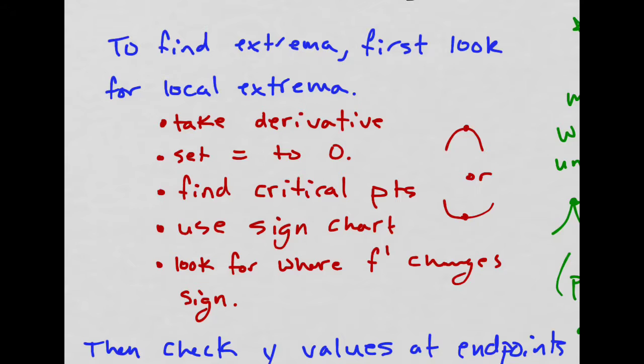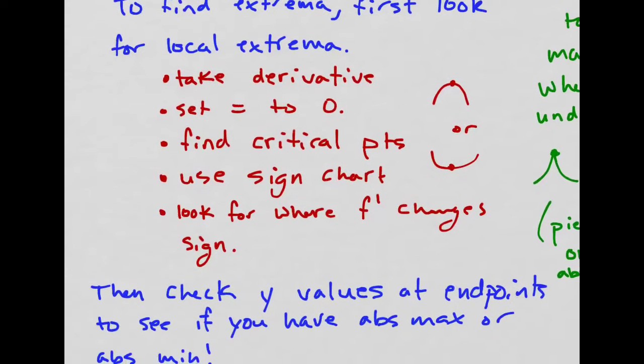If you say increasing or decreasing, you probably should be talking about the original function, which means you're thinking of the derivative. If you want to say the derivative is positive or negative, make sure that's what you're saying. Okay? So that's something that's super important. Hopefully you can make that distinction and remember it.